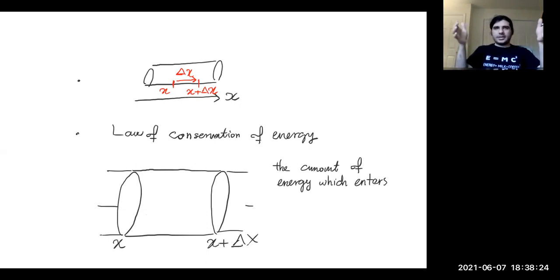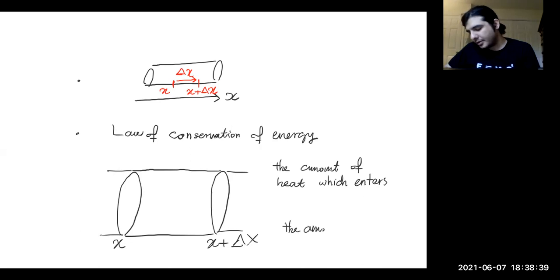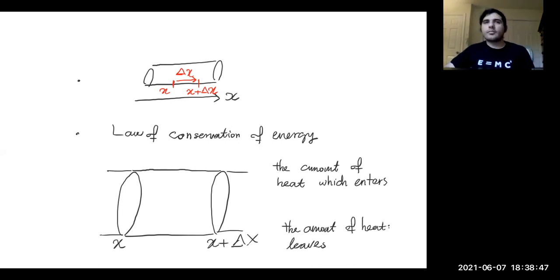There's some amount of heat which comes inside. There is some amount of heat which leaves. Maybe it's better to say heat because we're writing down the heat equation. Now there are two other things which might happen.